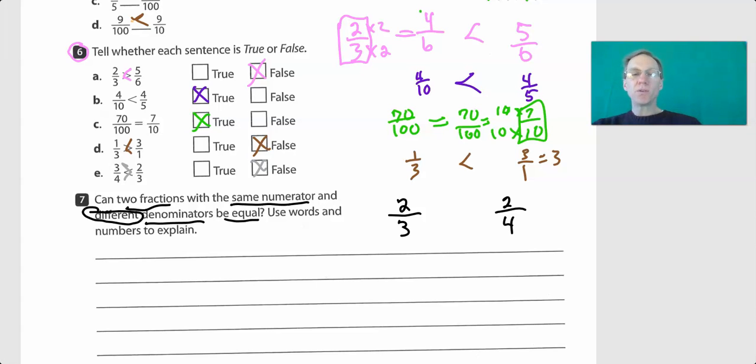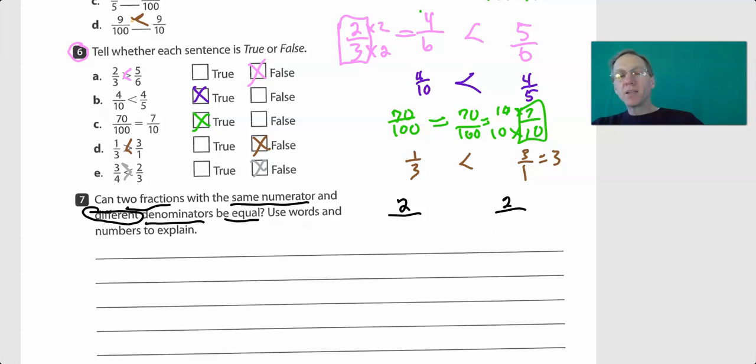Can those be equal? What do you think? This one has 3 slices. The whole is cut into 3. This one is cut into 4. Those can't be equal. The pieces won't be the same size, will they? Let's try something else.